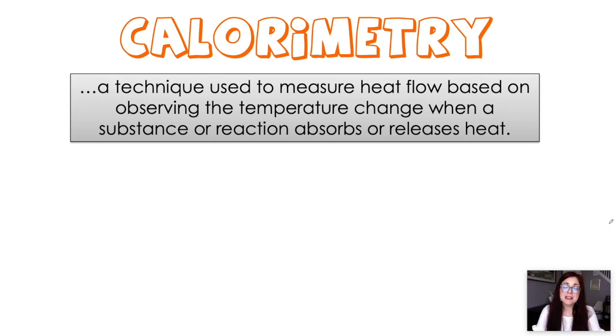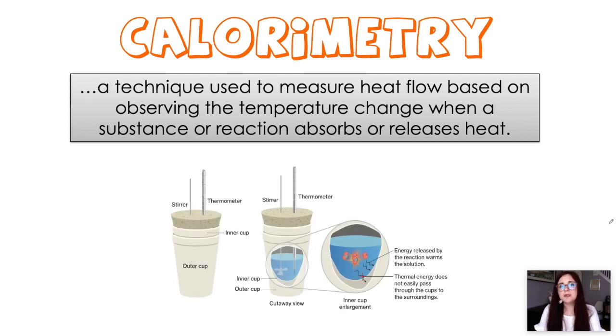Calorimetry is a technique that's used to measure heat flow based on observing the temperature change when a substance or reaction absorbs or releases heat. And the best way to do that is really in a coffee cup, right? A coffee cup calorimeter is a really great way to measure the temperature changes between two substances. Here's my coffee cup.